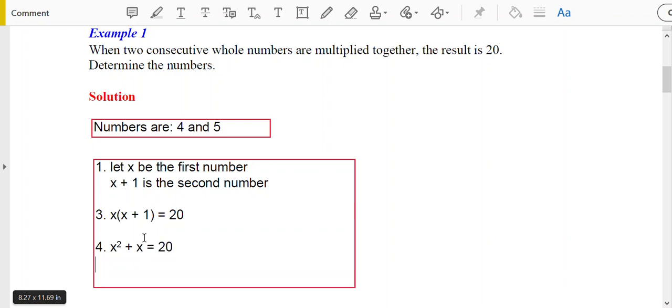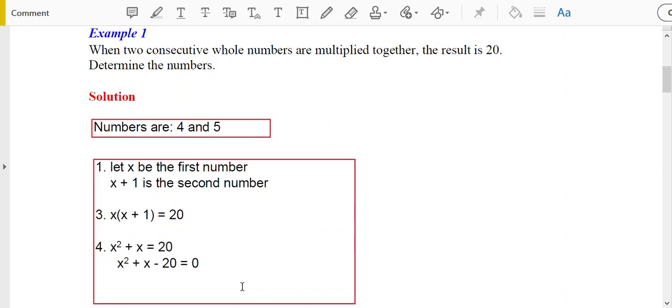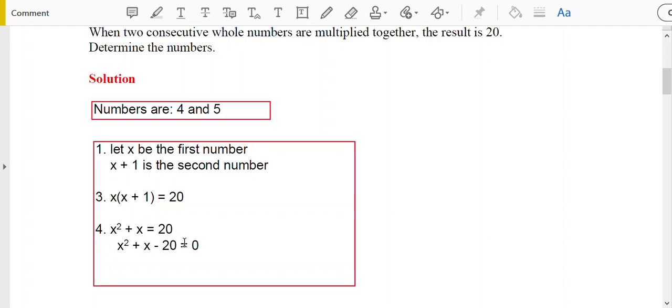Then we will need to move the positive 20 from the right hand side, so we subtract 20 from both sides to give us this quadratic equation: x squared plus x minus 20 equals 0. Now that it equals 0 on one of the sides, I can now try and solve this equation.